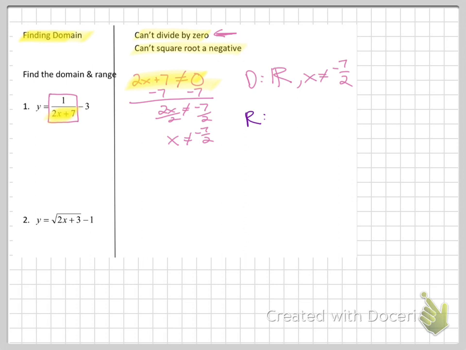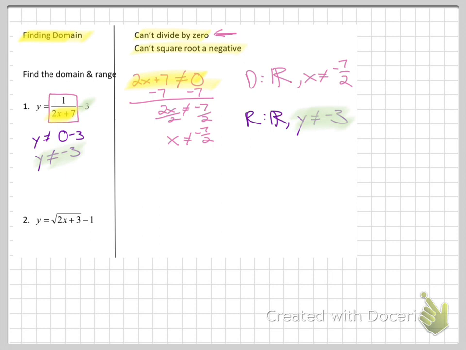Since the bottom can never equal 0, the fraction itself is never going to equal 0. So if it's never going to be 0 minus 3, y is never going to be negative 3. And it's as simple as whatever the constant is, that's what y is never going to equal. So for our range, all real numbers, but y is never going to equal negative 3. Since the fraction can't be 0, the equation can't be negative 3.